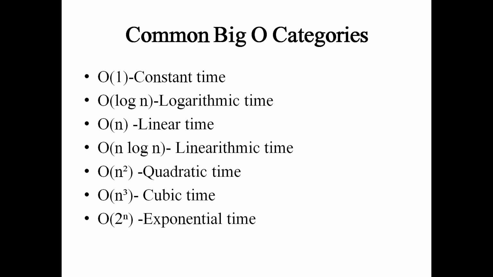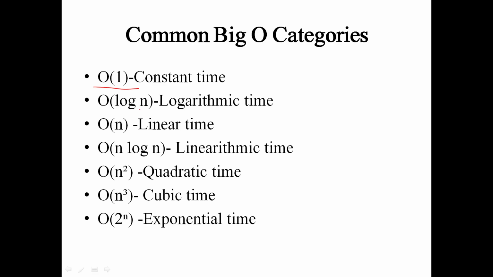Algorithms are classified into different categories based on their growth rate. Order of 1 is the most efficient category because it does not depend on input size. And order of log n grows very slowly, logarithmic time.